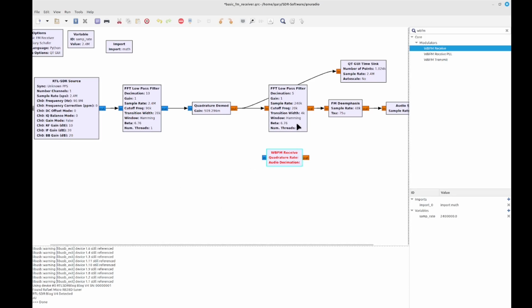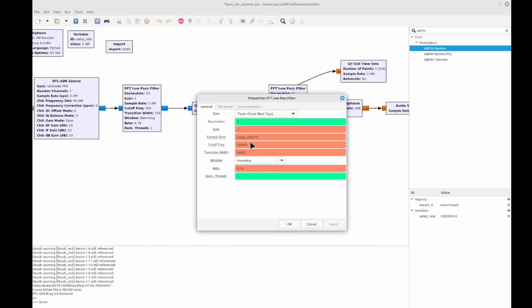The other thing that I need to change is over here in the low pass filter, where I said that the cutoff frequency and the transition width were 20 kilohertz and 4 kilohertz respectively. The way that the wideband FM receive block works is it takes the audio rate, which is 48 kilohertz, in other words, that 240 divided by 5, and it divides that by 32.